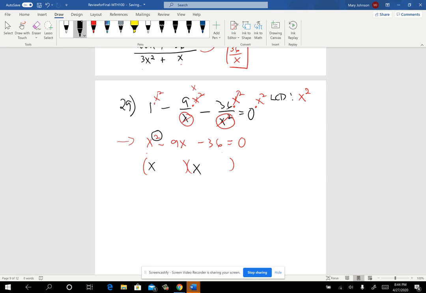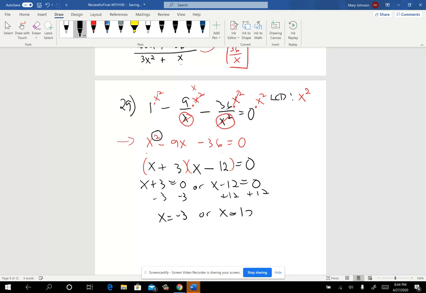Okay, and let's see, we can factor this into 3 times 12, minus on the 12, plus on the 3. And that works. And so then we'll set those equal to 0. And we'll solve each of these. And we get 2 equations. We get x equals -3 or x equals 12.